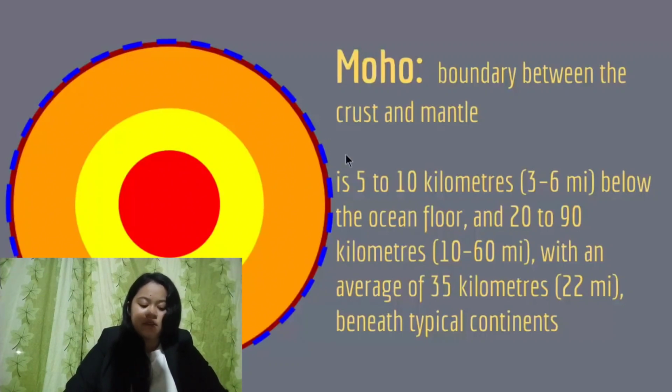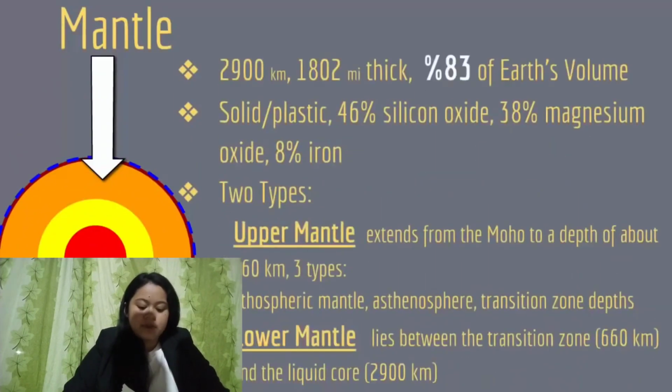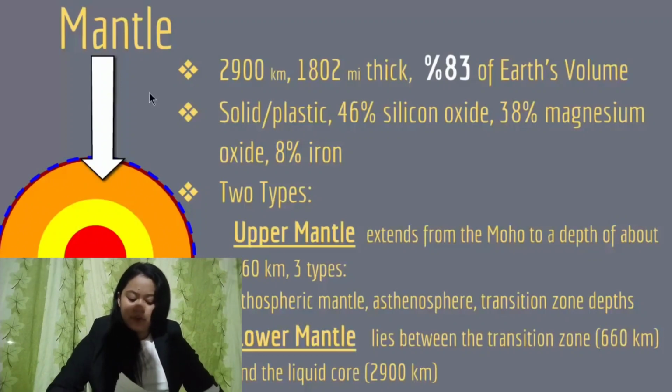After this comes the mantle, which is this orange part, as you can see in the background of the video. The mantle is about 2,900 kilometers, which is equivalent to 1,802 miles thick. It constitutes 83% of Earth's volume, making it the largest layer in the Earth.